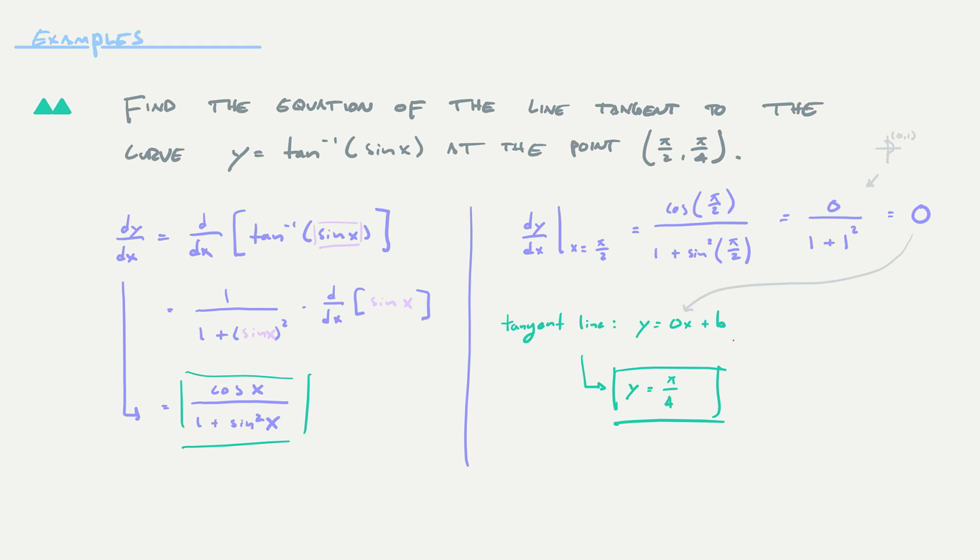I mean, the slope is 0, right? So it's got to be some kind of maximum or minimum. And it turns out that in this case, y equals pi over 4, the horizontal line, is the line that's tangent to tangent inverse of sine of x at pi over 2, pi over 4.